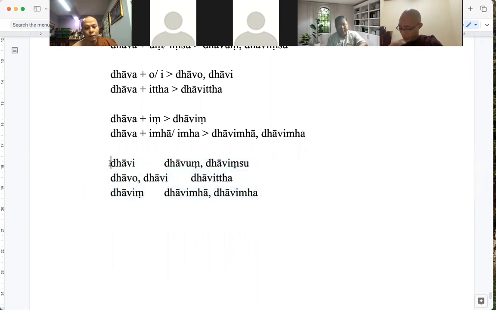And then if it is inserted, we have adhāvī, adhāvū, adhāvittha, or adhāviṃsu.